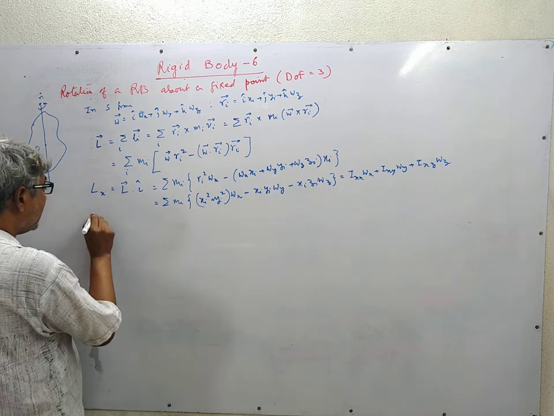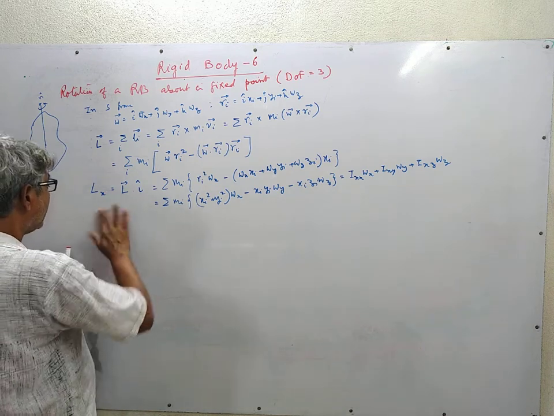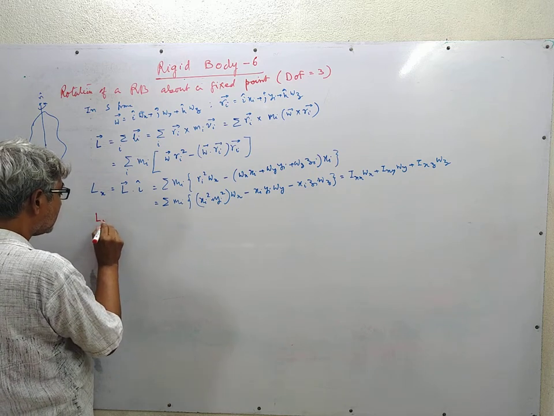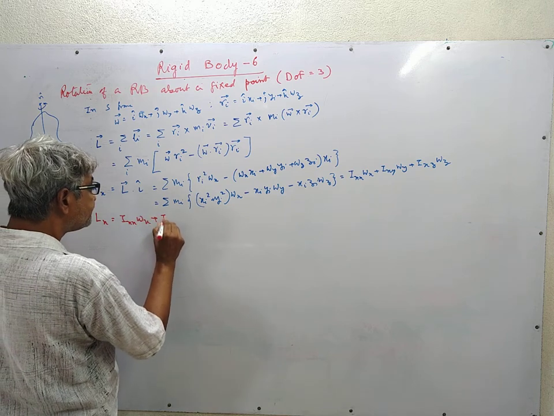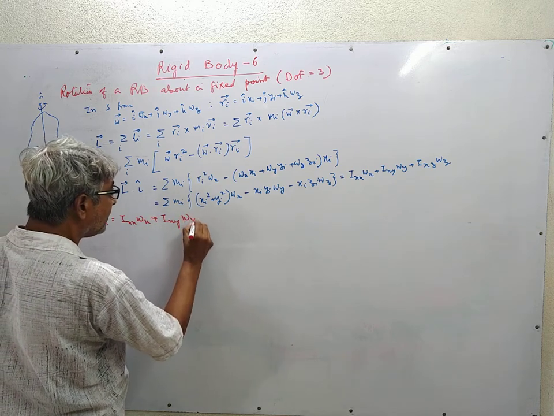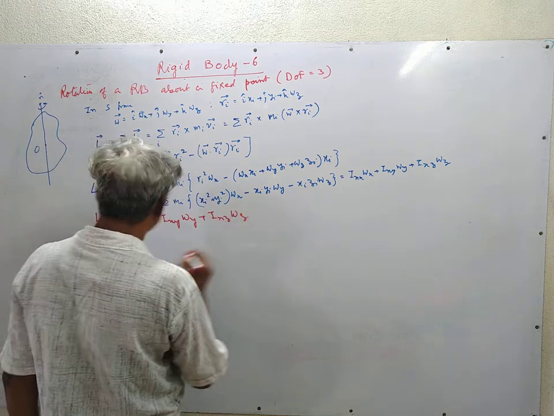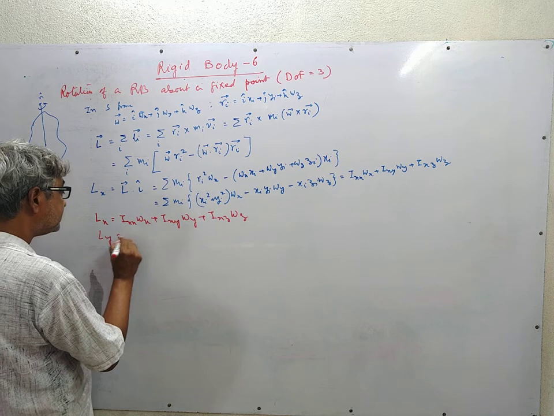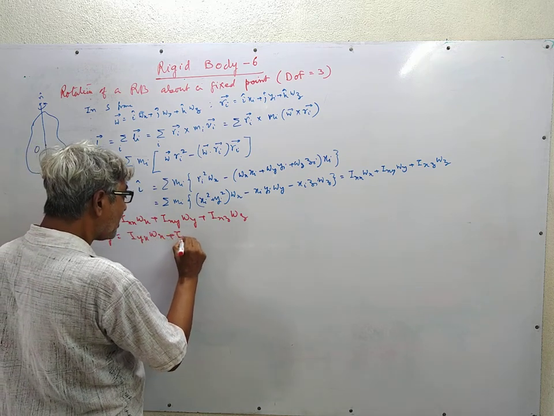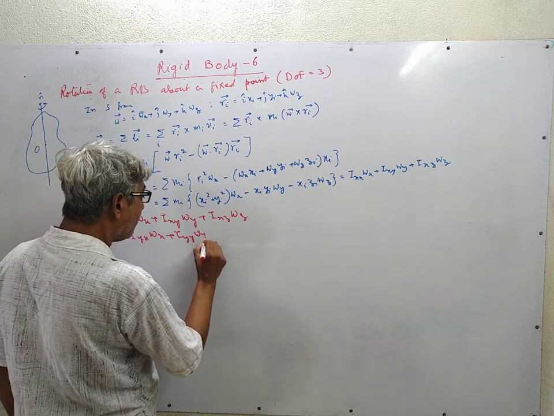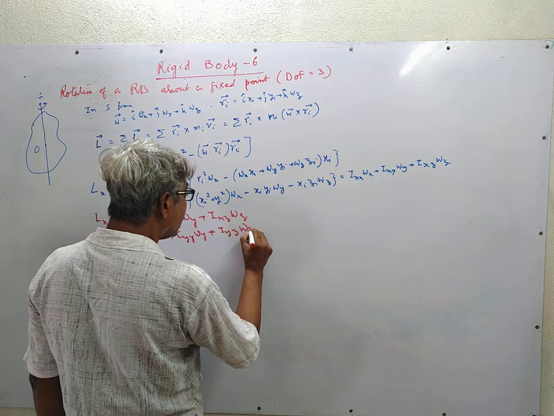So we write Lx as Ixx omega x, Ixy omega y, Ixz omega z. Similarly, Ly is written as Iyx omega x, Iyy omega y plus Iyz omega z.